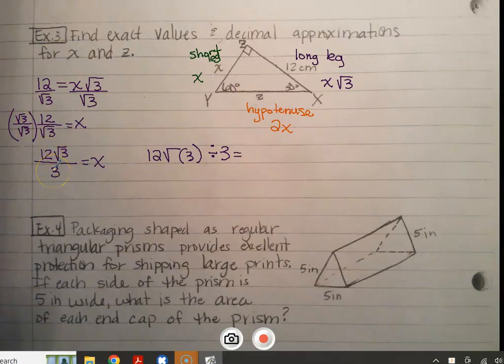These would reduce. 3 divided by 3 is 1, 12 divided by 3 is 4. You could also put in 4 times the square root of 3. That's actually the simplified answer that you should do. And so in your calculator, you would put 4 times the square root, parenthesis, 3, equals. And you should get approximately 6.9 centimeters is approximately x.